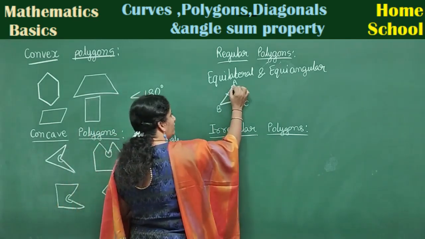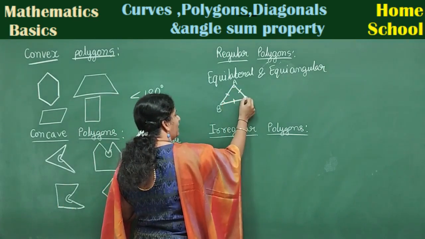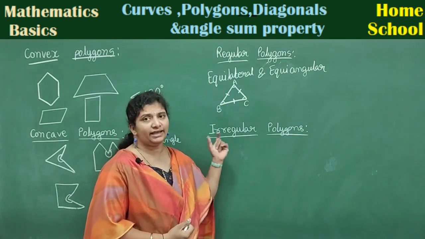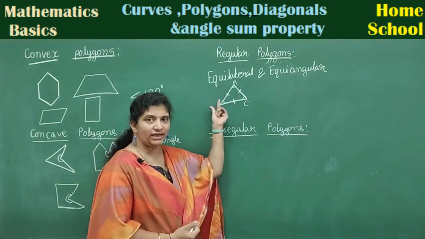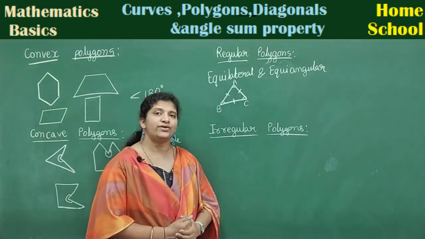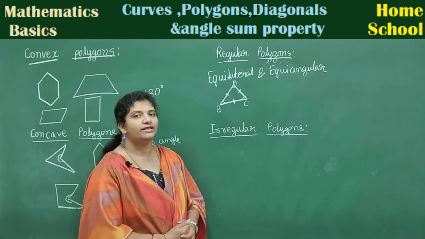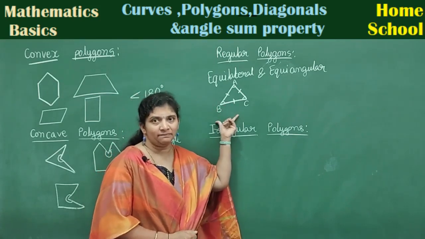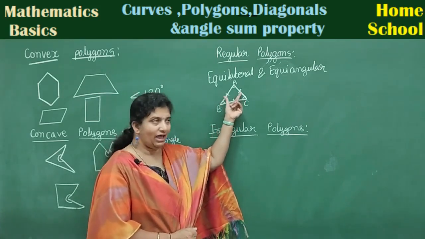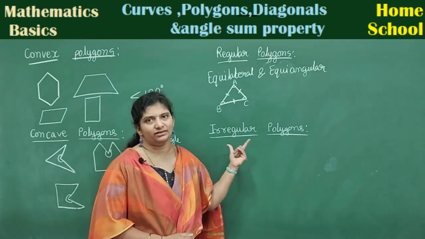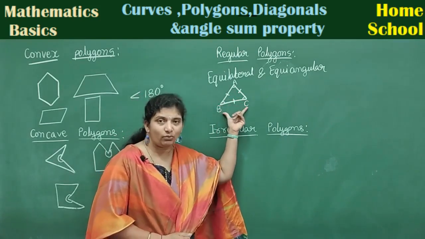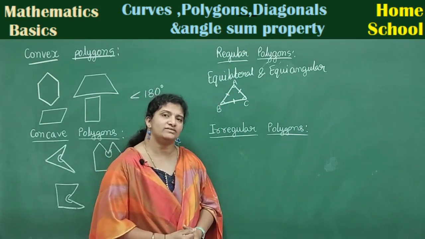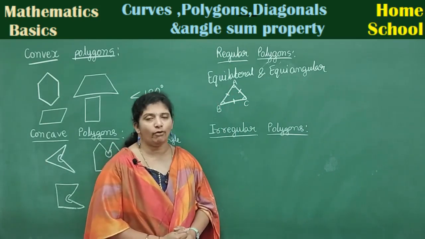Equiangular, look here, angle A, angle B, angle C. The small tiny curve you can see here indicates angle A equals angle B equals angle C. All three angles are equal. Then I can say that this polygon is equilateral and equiangular. Those types of polygons are called regular polygons.